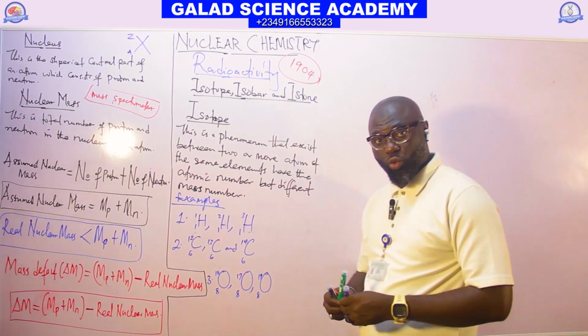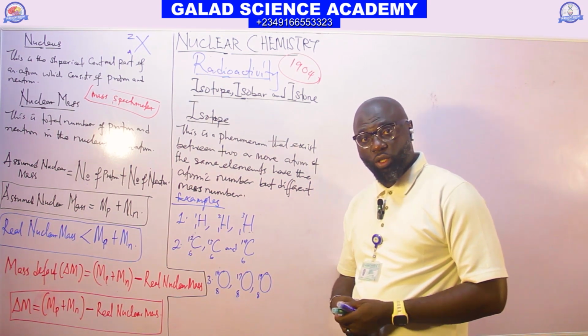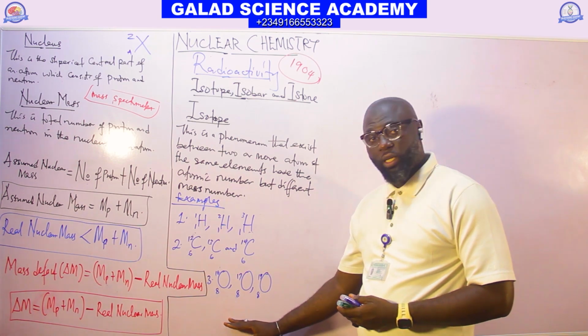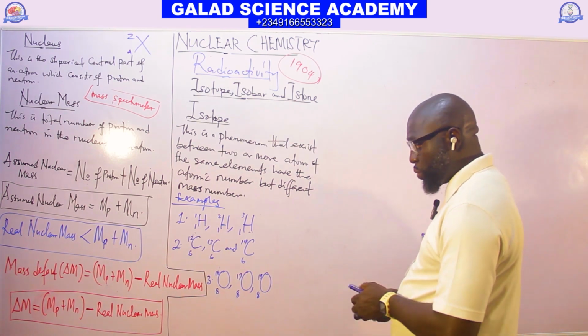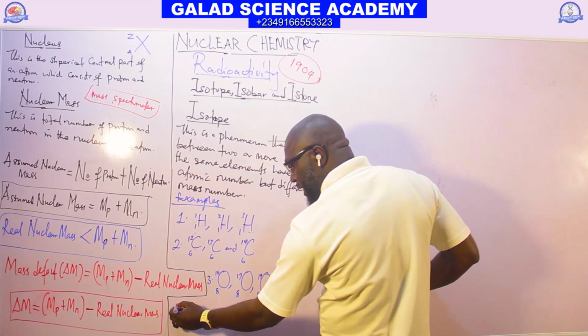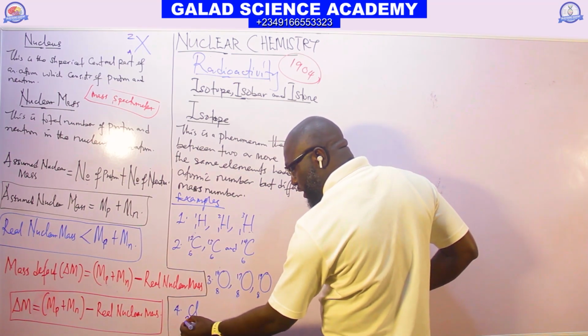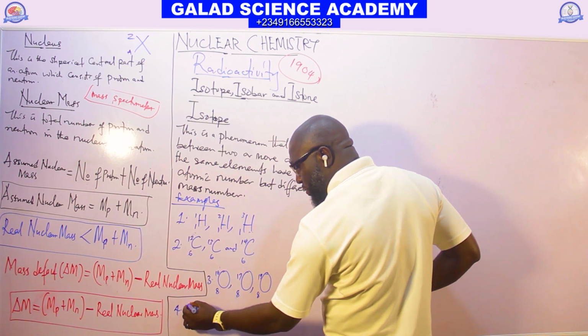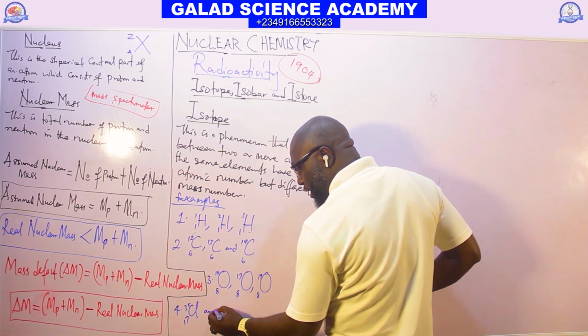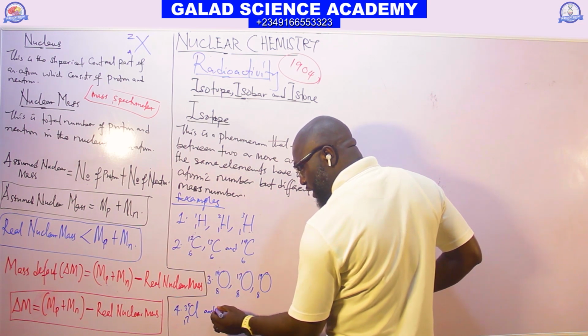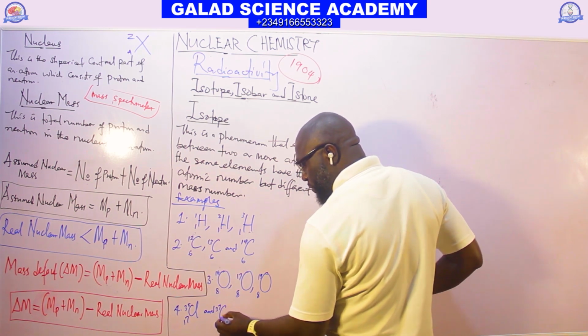Look at this oxygen: it undergoes what we call isotope. We can also have it in example 4, chlorine 17 35 and chlorine 17 37.